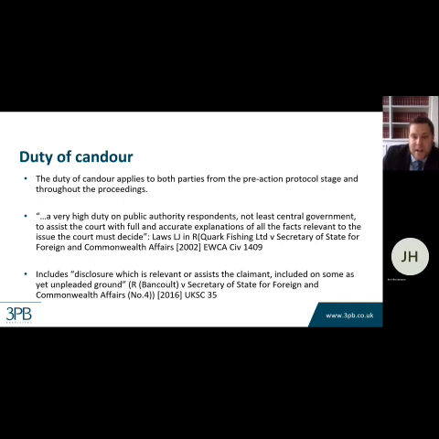Effectively, it's an additional burden on the parties to present their case with complete frankness and complete fullness of the facts, including, as you can see from Bancoult, where facts or evidence may assist with an as yet unpleaded claim.